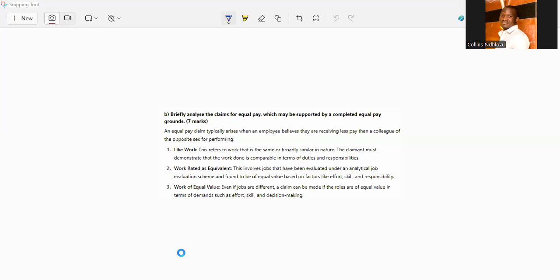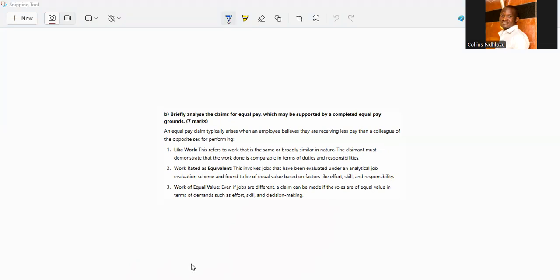The other one is work of equal value. Even if jobs are different, a claim can be made if the roles are of equal value in terms of demands such as effort, skill, and decision-making.